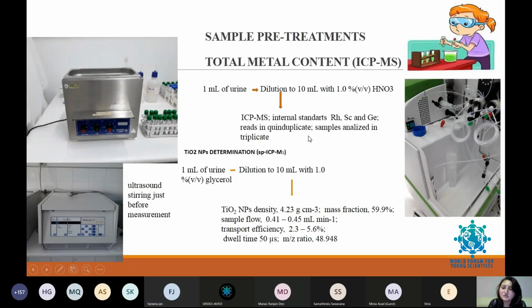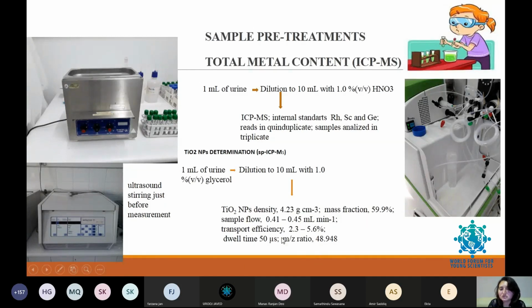For single particle ICP-MS, 1 milliliter of urine, we diluted up to 10 milliliter with 1% solution of glycerol. So for titanium dioxide nanoparticles during measurement with ICP-MS, we had titanium nanoparticle density 4.23, mass fraction 59.9, sample flow 0.41, 0.45 milliliter minute minus 1.